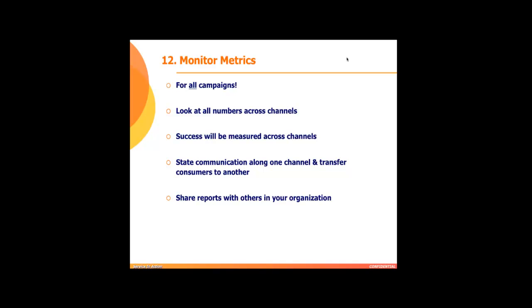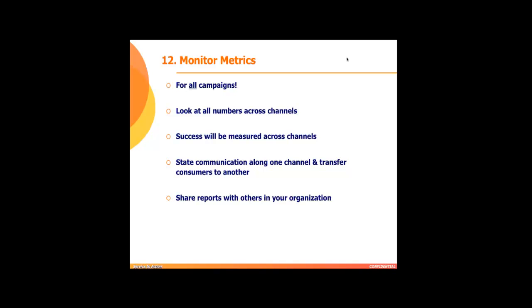Metrics that I look at right away are my bounces, because my bounces tend to give me an idea about my deliverability. My next metric that I personally like to look at are the unsubscribes or the unsubscribe clicks, because I'm trying to figure out what did I do in my email to disengage that particular consumer.